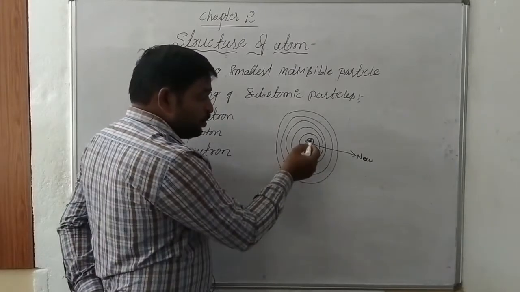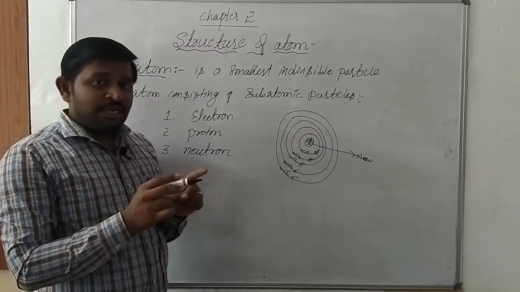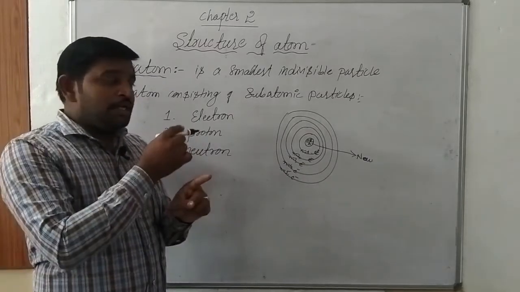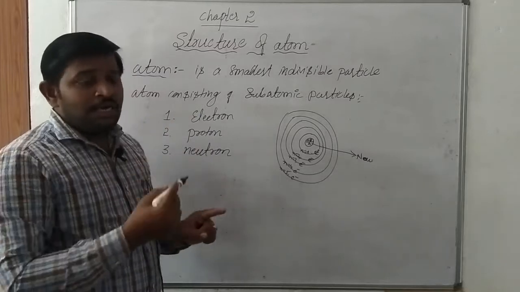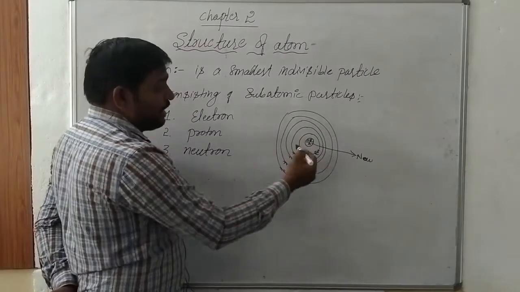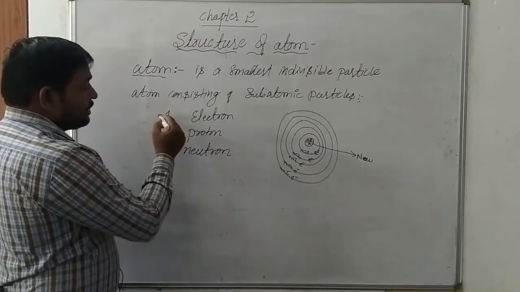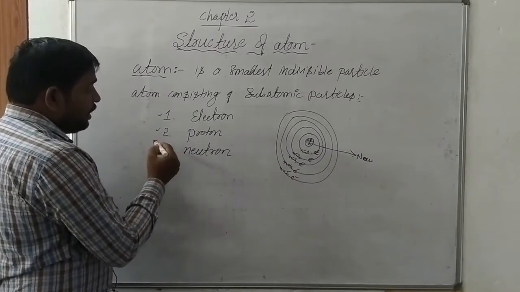Positive and negative charges are held together by electrostatic attraction, and the atom is neutral. So the subatomic particles are the electron, proton and neutron.